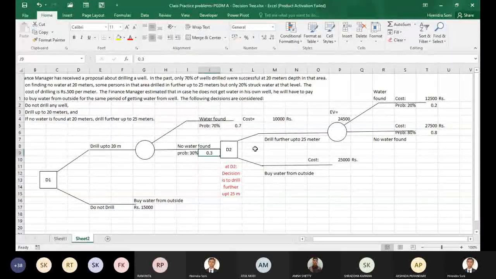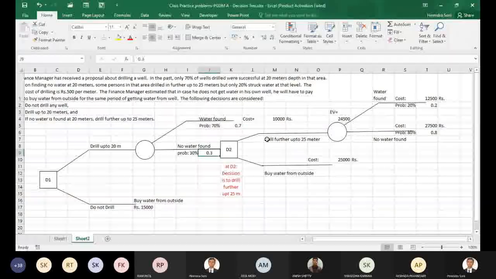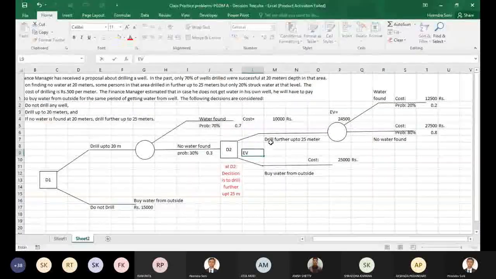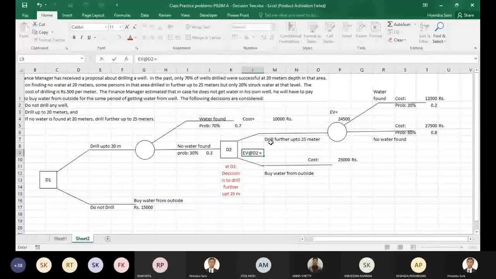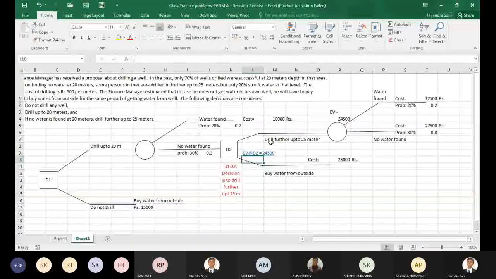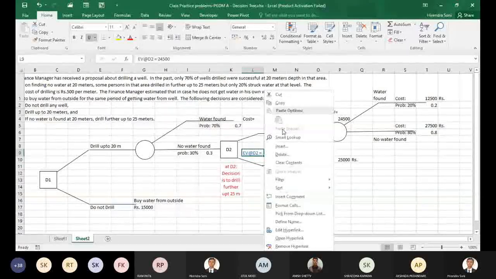EV at D2 is equal to 24,500. So 24,500 into 0.3 plus your 10,000 into 70% will give you expected value for drilling up to 20 meters.